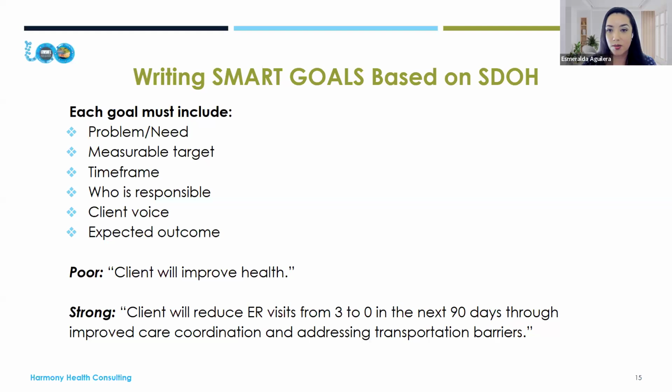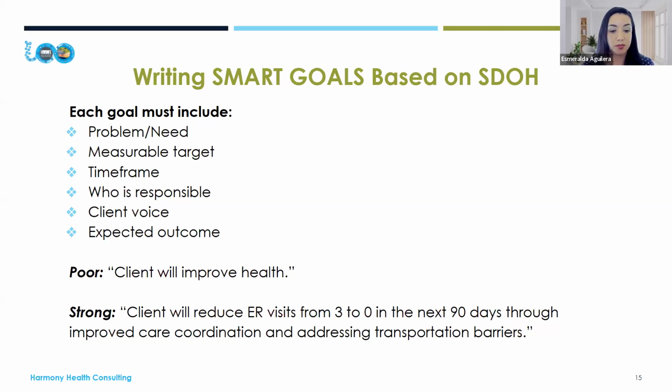All right, SMART goals. SMART goals are very well-known standards in regards to creating goals and care planning and supporting, both in behavioral health and case management and any kind of care plans that are created that are whole person centered. So where do we start? First step is we identify the SDOH barrier, and then we turn it into something very specific and actionable.